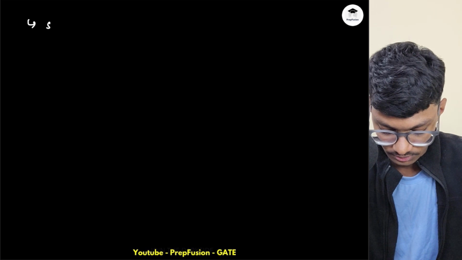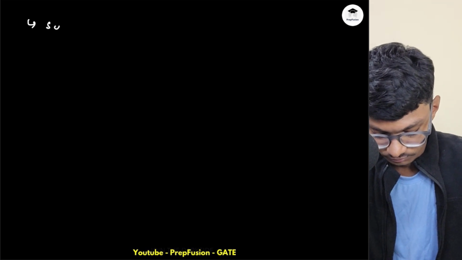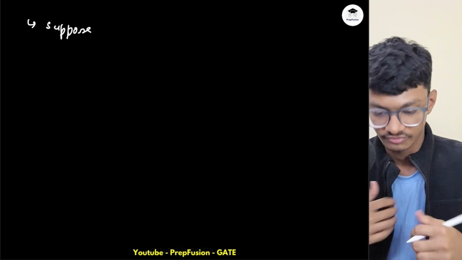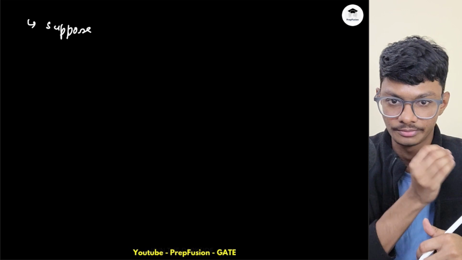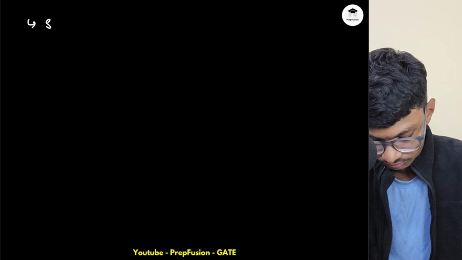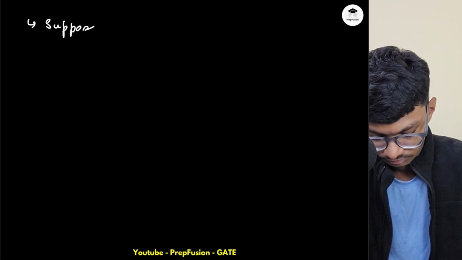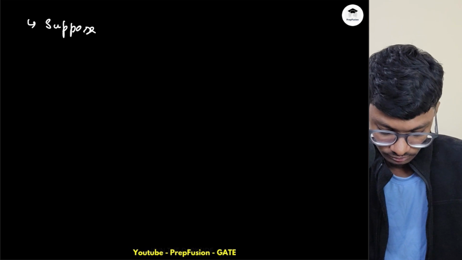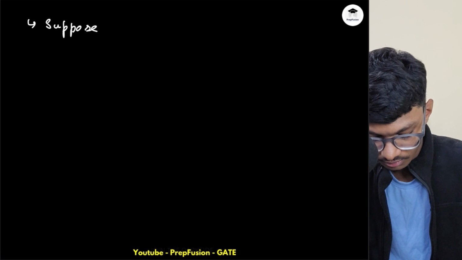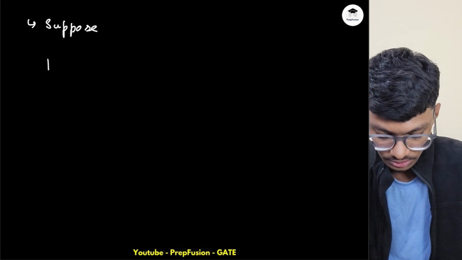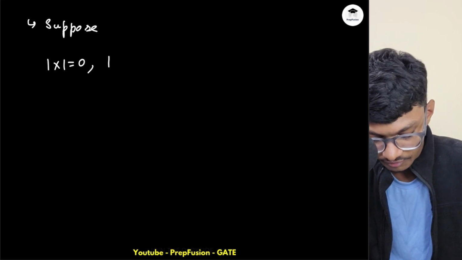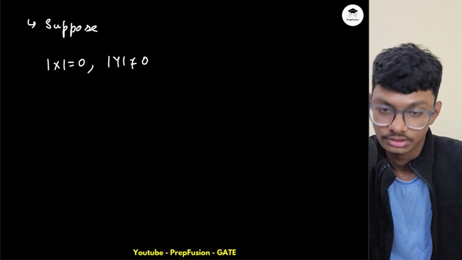Okay, suppose, and let's check if it is giving me a valid solution. If I assume that determinant of X equals to 0 and determinant of Y is not equals to 0. Now if determinant of Y is not equals to 0, then what does that mean?